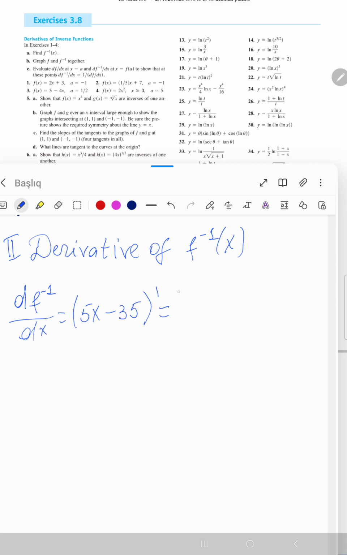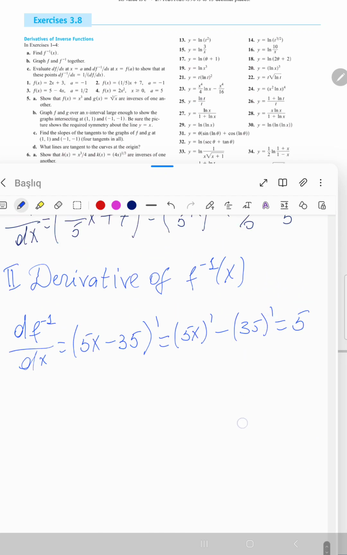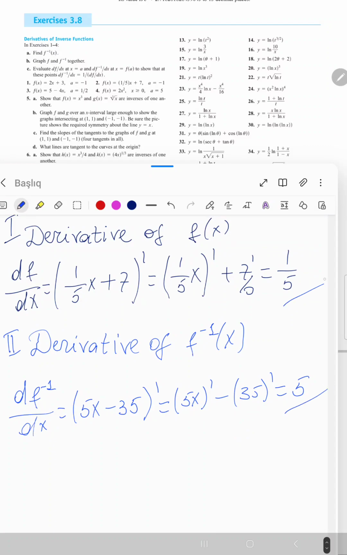The derivative equals the derivative of 5x minus the derivative of 35, which equals 5, and we can see that 1 over 5 is equal to 1 over 5, or vice versa.